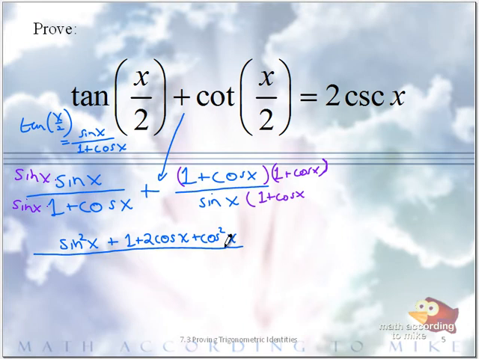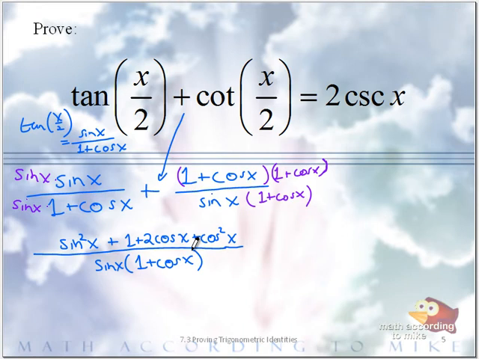All over, I would suggest you do not distribute through the sine. You totally can, but it's going to make it a little bit harder later on. So I'm going to leave this as sine of x times the quantity 1 plus cosine of x. Questions, comments, feelings?